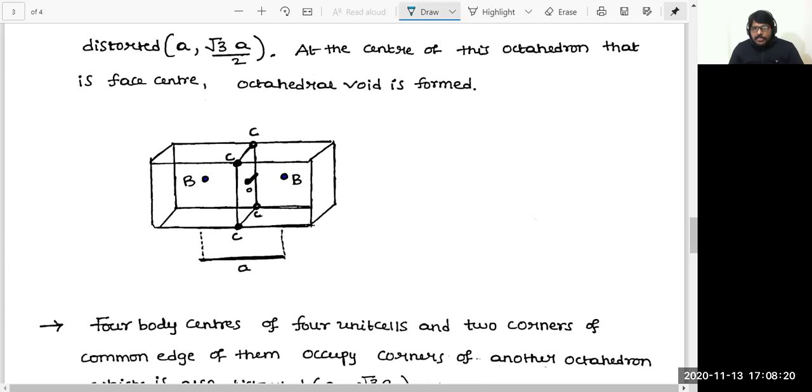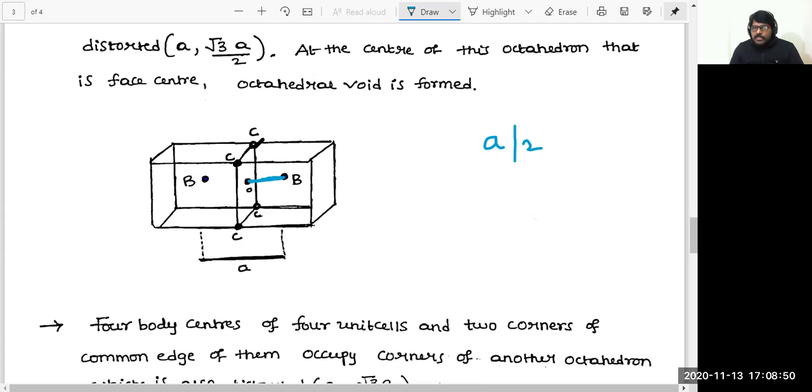Why is it distorted? If you take the distance from this face center to the body center, what is that distance? That is a by 2. Of course, this is also a by 2, no problem. But if you take the distance between this octahedral void and a corner atom, this distance is half the value of the face diagonal.